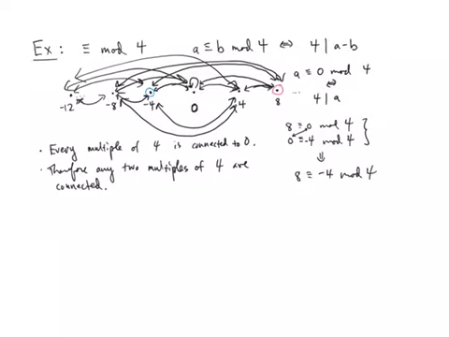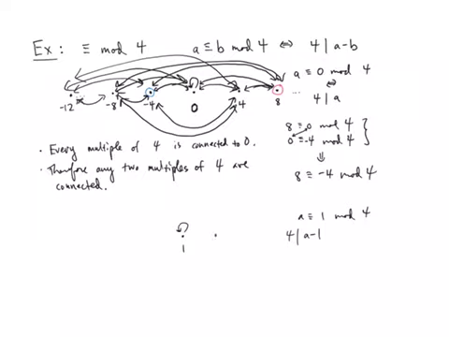Okay, we could also do something similar starting with 1. So if we started with 1, you'd have to have an arrow at 1, and then a is equivalent to 1 mod 4. That just means that a minus 1 is divisible by 4. So in other words, a is 1 more than a multiple of 4.